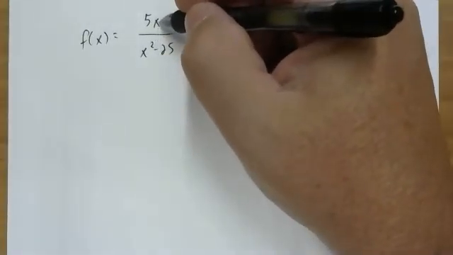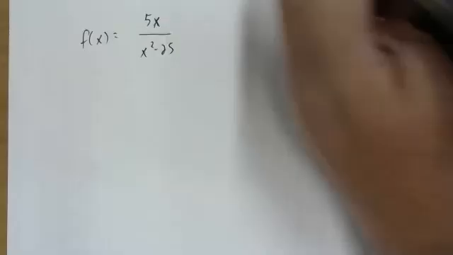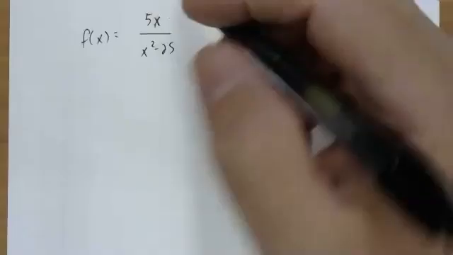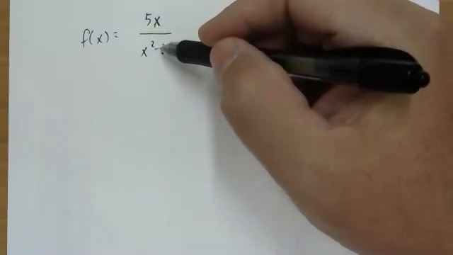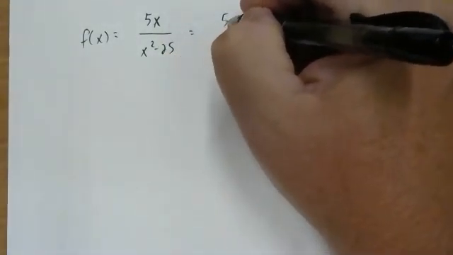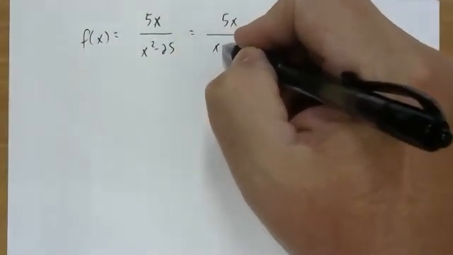It's interesting, I got an x up here, but you know what? The x in the numerator has no impact on vertical asymptotes. All I care about is the denominator. The only way I'm going to be able to figure out the vertical asymptotes in this case is to factor. So if possible, you always have to factor the denominator. This is a difference of squares.